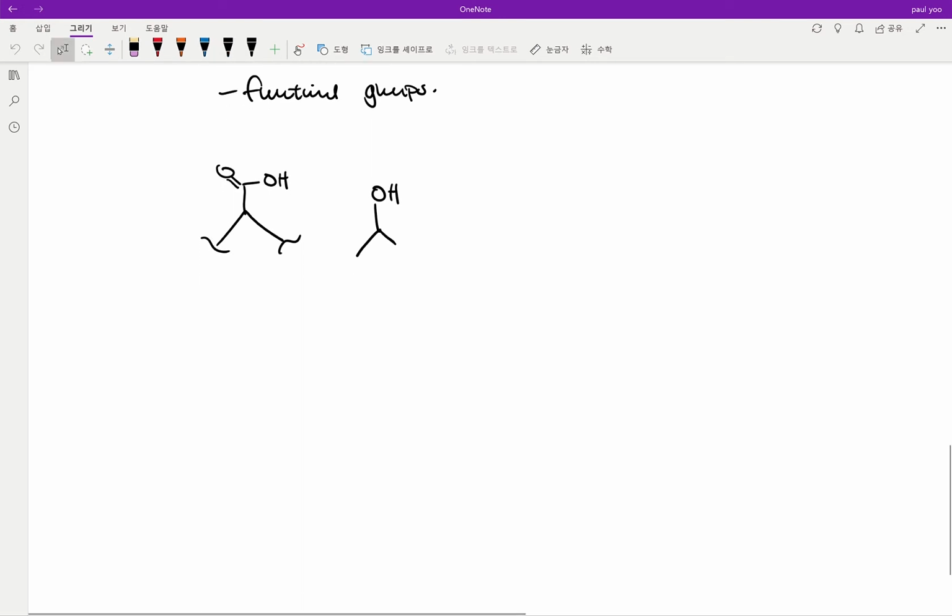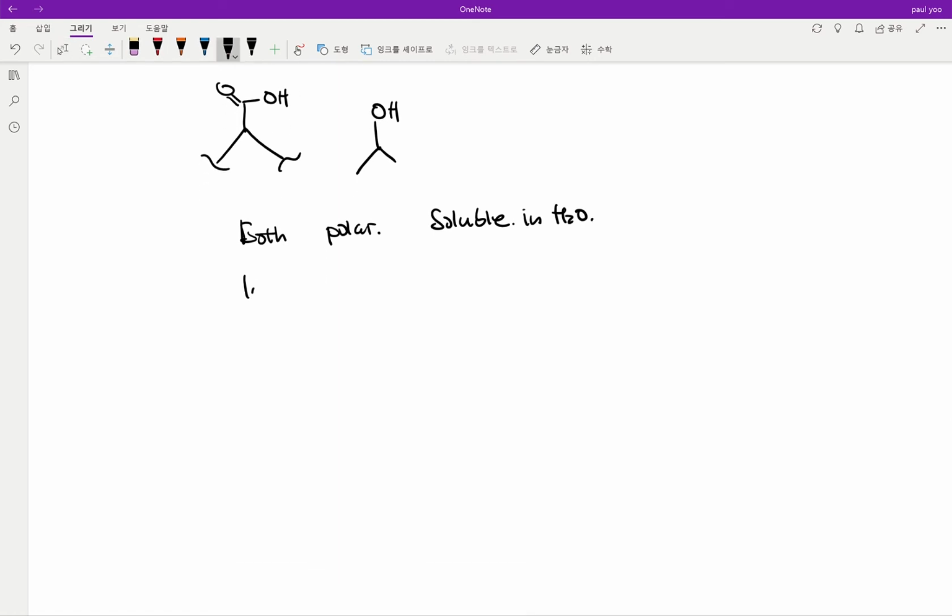So if you compare them, they're both polar and they're both soluble in water, and they also lose a proton in acid-base reaction.